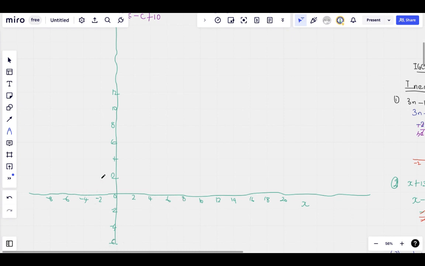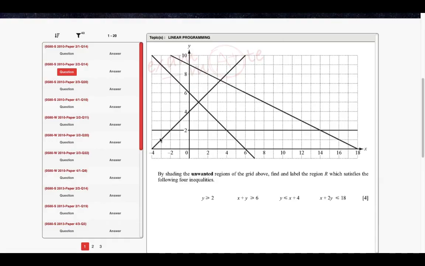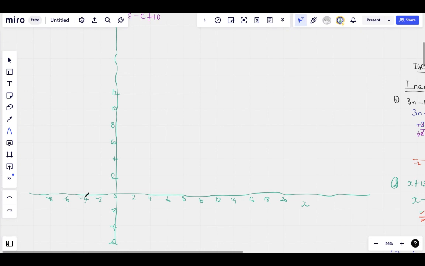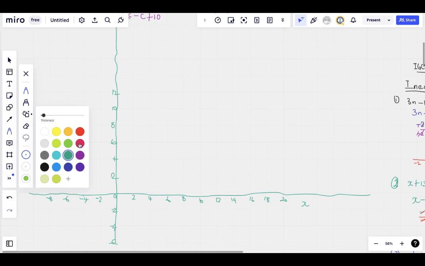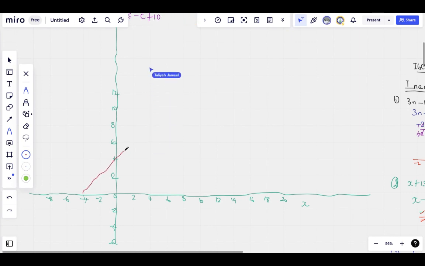We have a line passing from negative 4 through 4 and upward. Here we have one line, and then we have another line from 6 to 6.